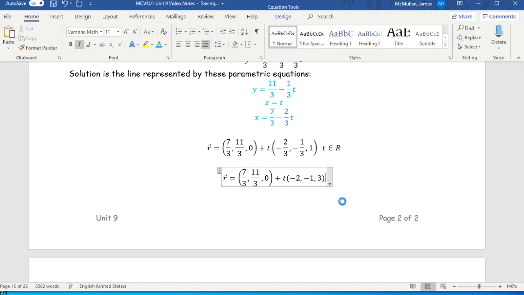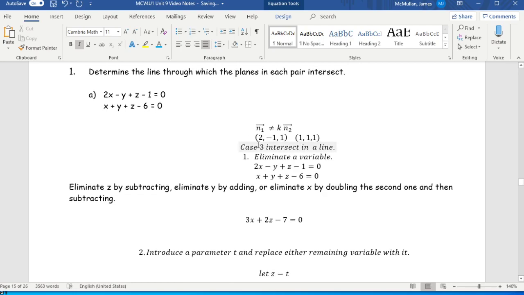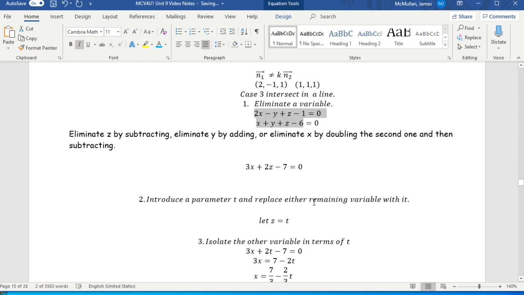Let's just review what it was I did. I eliminated one of the variables. So whichever one you want, it doesn't matter. I eliminated y because I thought adding them together would be pretty easy, but you could subtract to eliminate z. There's different ways you could do it.